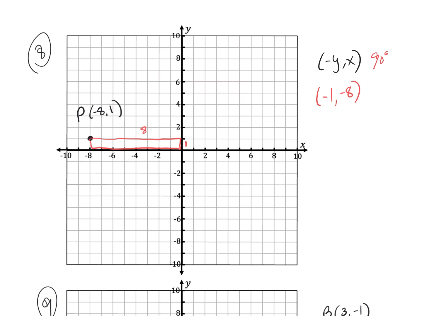Now when I rotate this 90 degrees counterclockwise, we start at the origin, but this time I'm going to have a width of 1 and a height of 8, because all rectangles have 90 degrees. So point P, when we rotate it, comes here, and that is (-1, -8), which we got using the rotation rule. So this would be P prime.